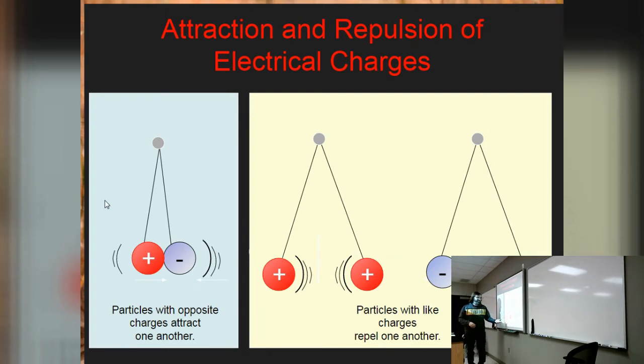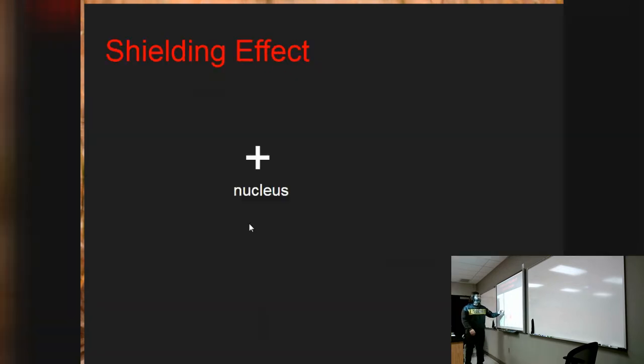Now, the like charges, the positives, those are in the nucleus. They're being held together by the strong nuclear force. But electrons around the outside are going to repel each other as much as they possibly can. But again, it's all related to this balance between attractions between the positive charges in the nucleus and the electrons, and those repulsions between the electrons away from themselves.